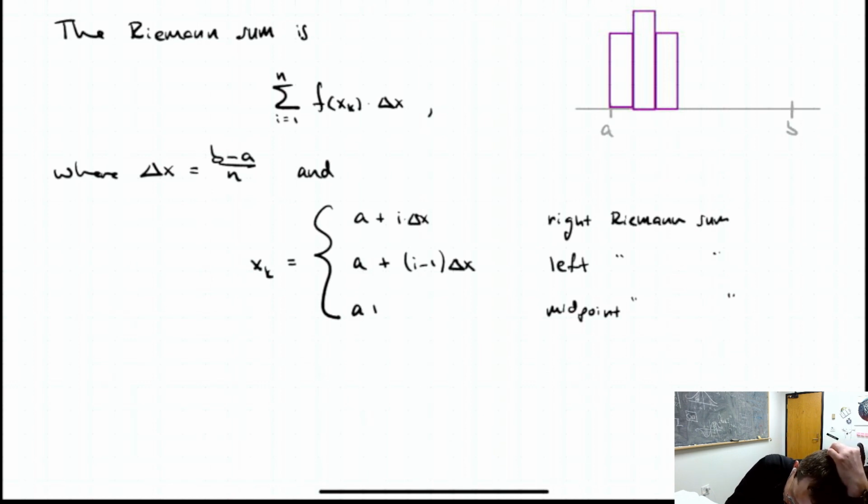And for the midpoints, it's right between i and i minus 1. It's i minus 1/2 times delta x. For example, the midpoint of the third rectangle is a plus 2.5 rectangle widths. That's 3 minus 1/2 rectangle widths.